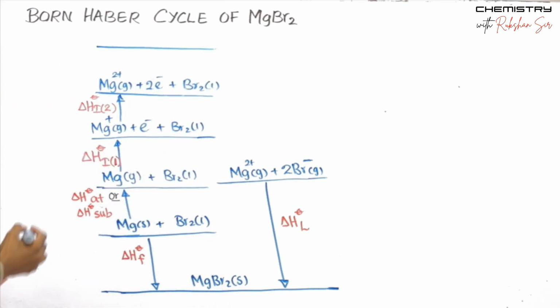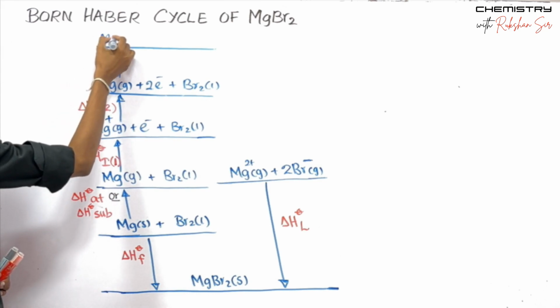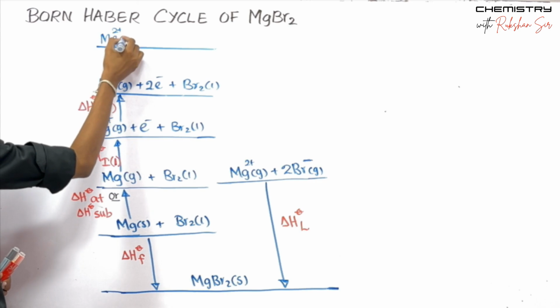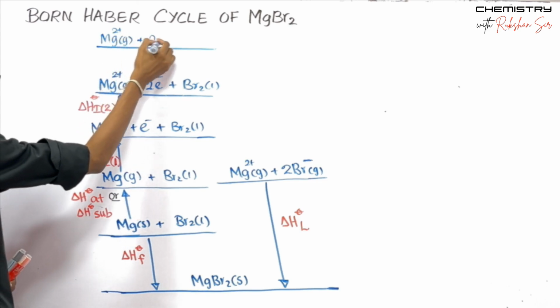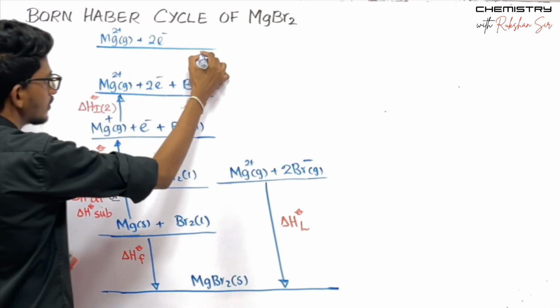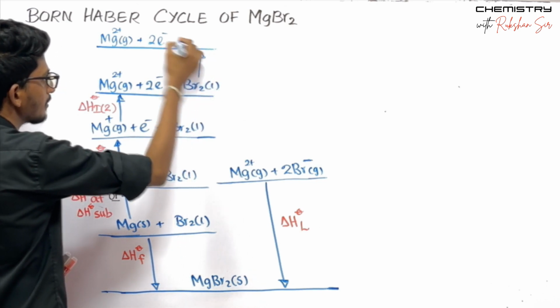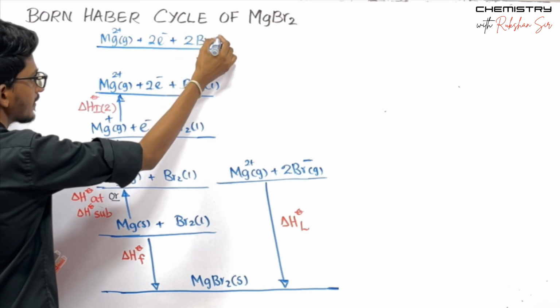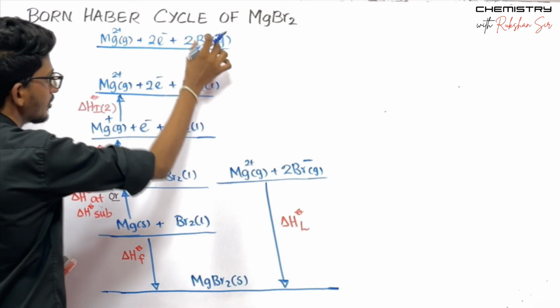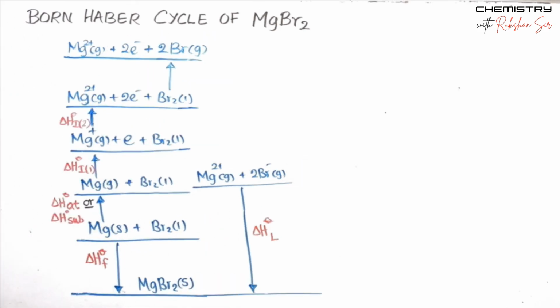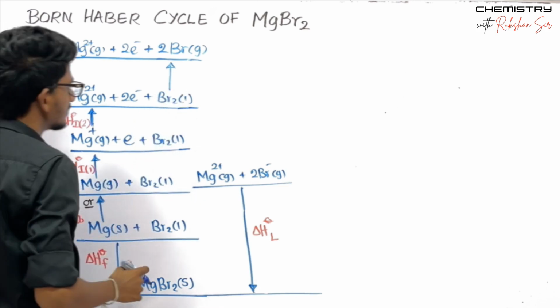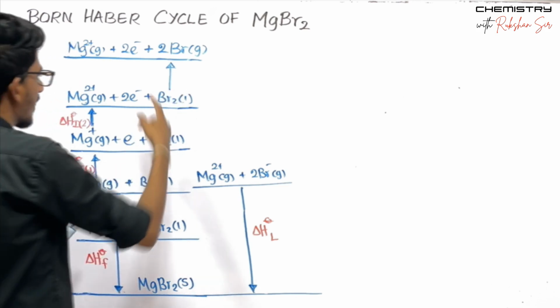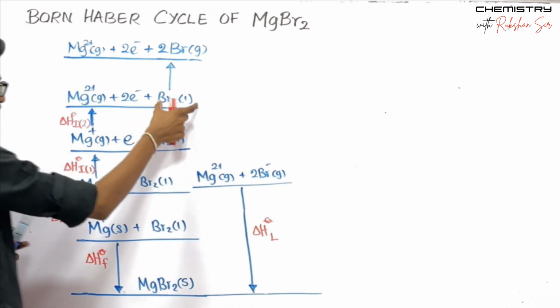Okay, that can be done. Keeping these two as they are, we need to convert this into monoatomic gaseous form. That means we can convert this into 2 Br gas atoms. This can be done with the use of atomization. This is the reference form of Br2.